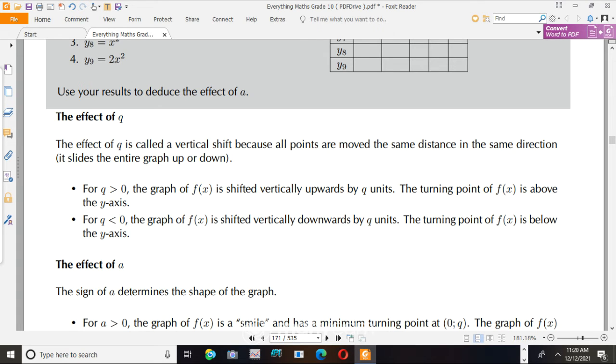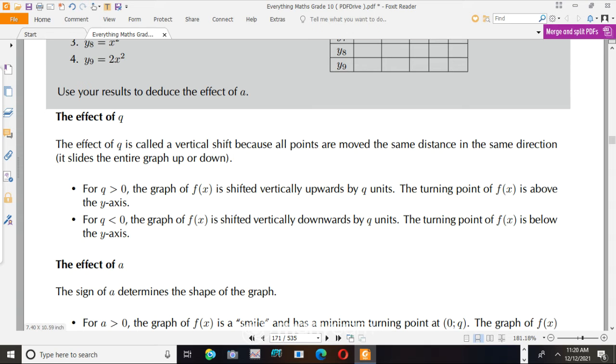One of the objectives of this discussion is to show the effect of a and q, and the effect of a on the graph. We have seen that it is easy to graph in the xy plane by substituting x values and determining y values, so that by creating coordinate values you can plot a smooth graph, like f of x equals x squared.